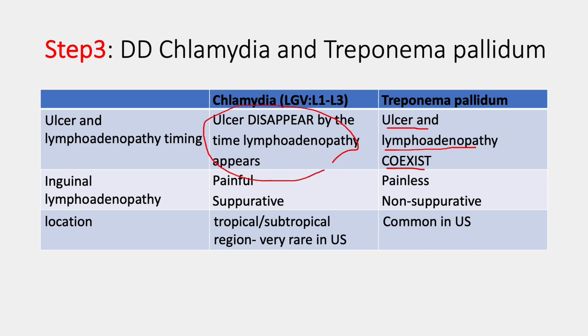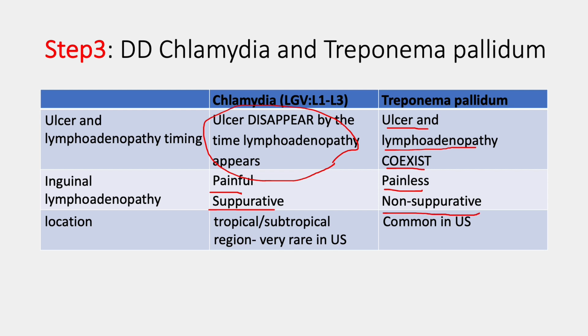In this case, the question stem will show that the inguinal lymphadenopathy is painful and it's suppurative, which means that the lymph nodes will break and they will release pus. Whereas in case of Treponema pallidum, the inguinal lymphadenopathy is painless and there is no suppuration.